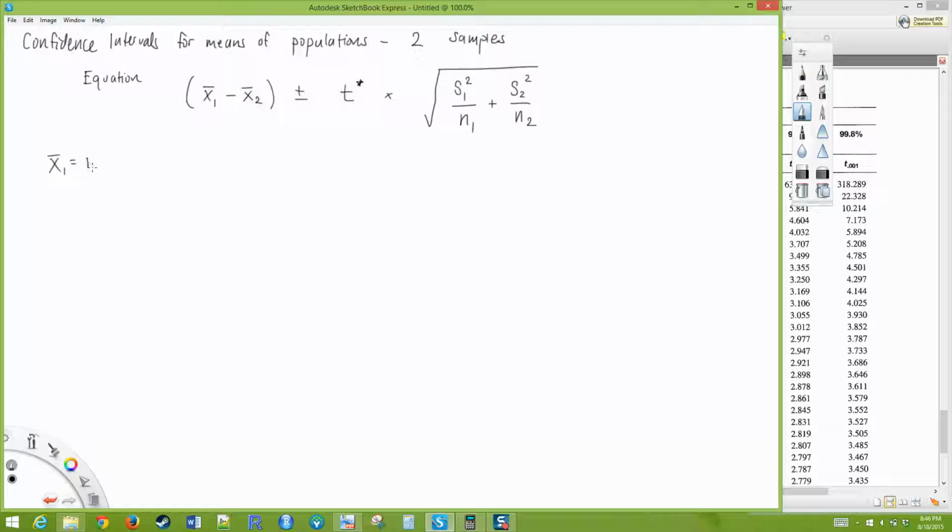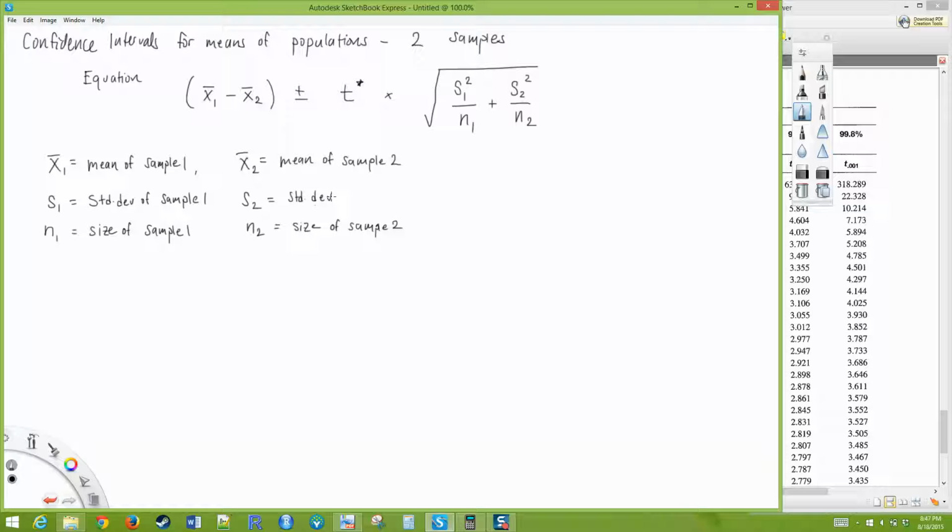X bar 1 is the sample mean, or let me just write mean of sample 1. Okay, so I hope that clears everything up here, okay?